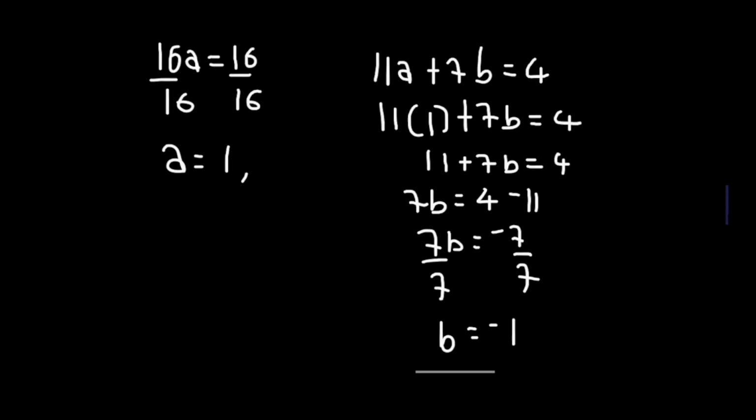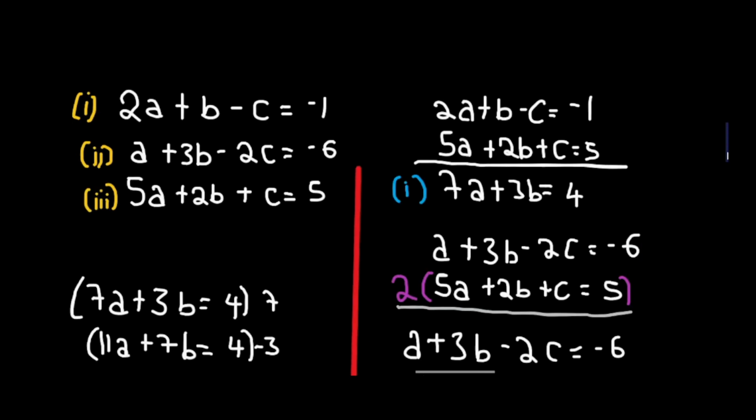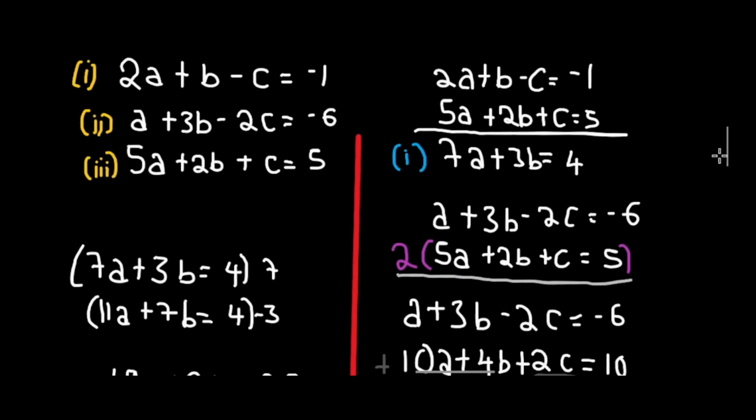So now that you have found your value of a and b, the last thing, which is probably the easiest, is simply finding our value of c. Since we have a value for a and b, we're simply going to get one of the 3 original equations and plug in a and b to find our value of c.